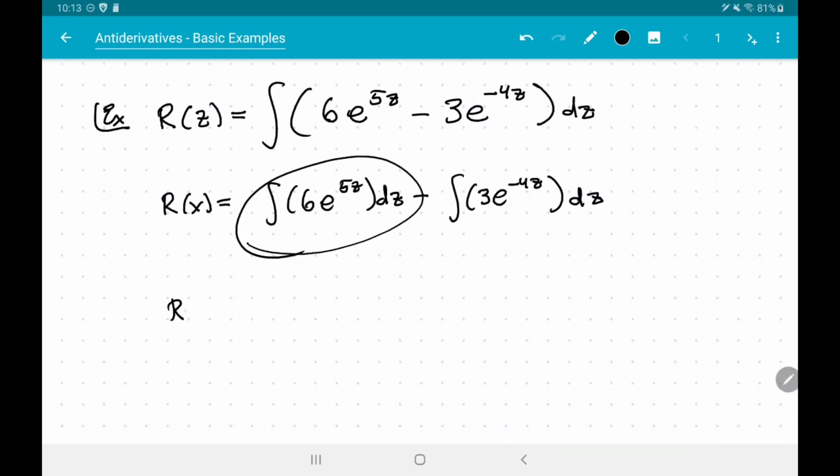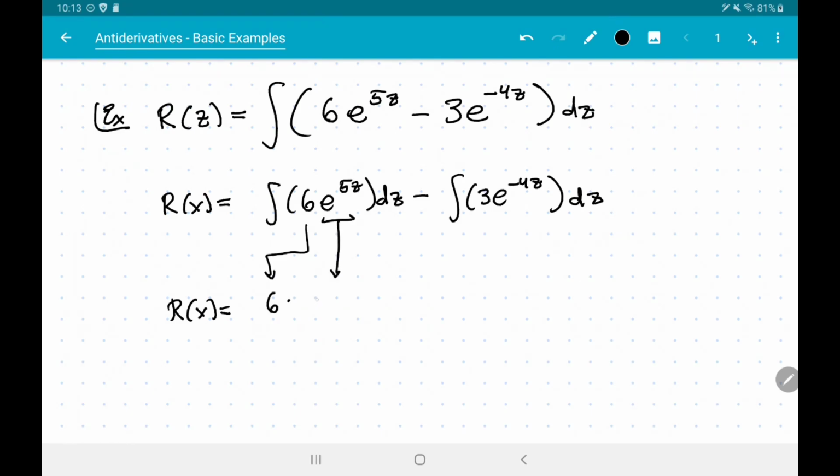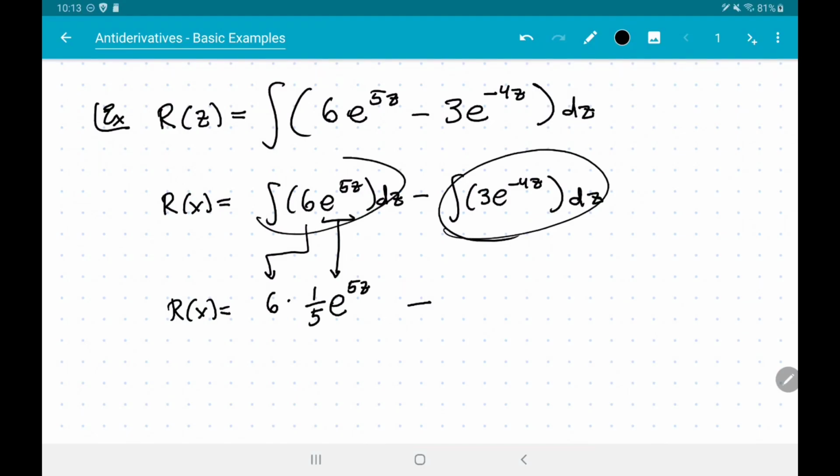So, okay, r of x is, and again, to go through this kind of quickly, we keep the 6 because it's multiplied, and then the antiderivative of e to the 5z is 1/5 e to the 5z. And again, I'll hold the plus constant plus c until the very end. Now we subtract. This has the same structure as the part we just did.